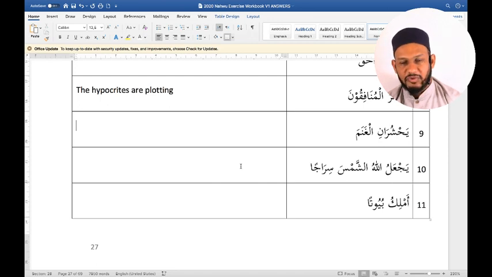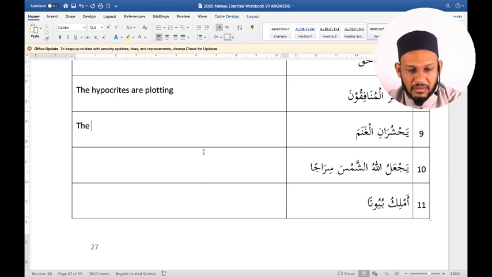So we haven't done it before. It's new. I must actually change the exercise. So yahshurani means the two of them are gathering.